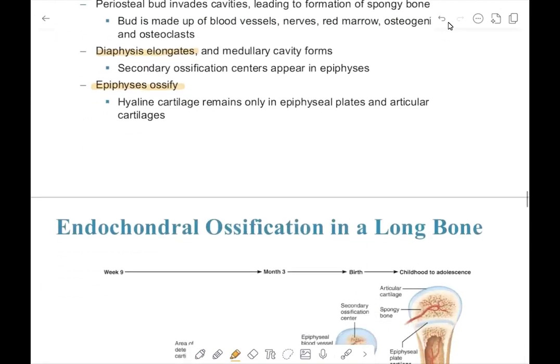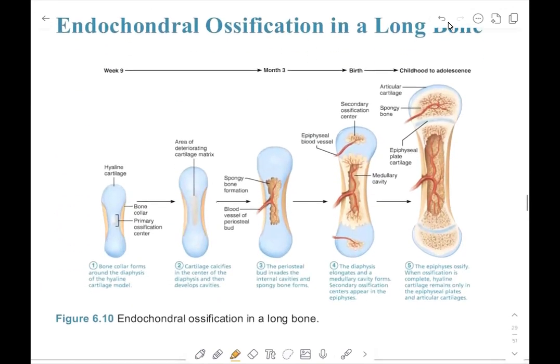So you don't need to know every single step in this. Again, there's not going to be a diagram like this on the lecture exam. So what's important is that you can compare and contrast the endochondral versus the intramembranous ossification.